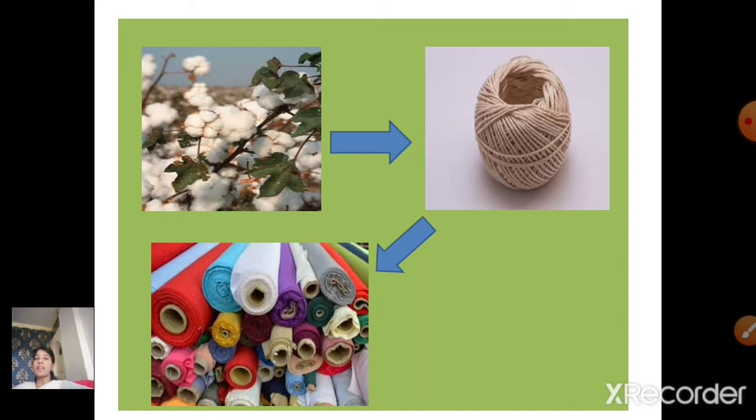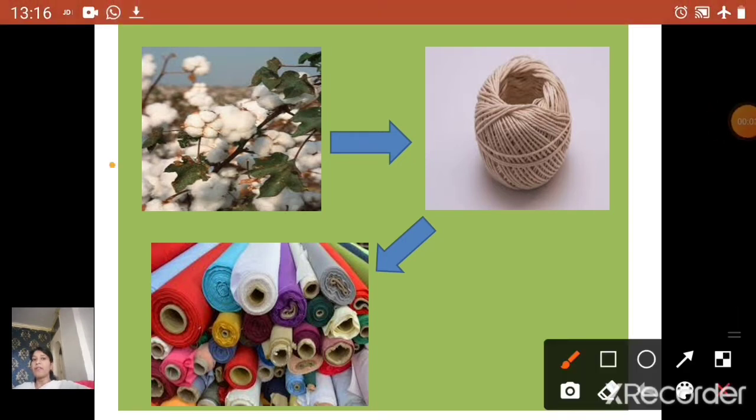Children, here on the screen you can see a few pictures. You have to identify these pictures and tell me how they are related to each other. Can you identify the first picture? Yes, it is a cotton plant. And the second picture? Yes, it is a yarn. And the third picture?